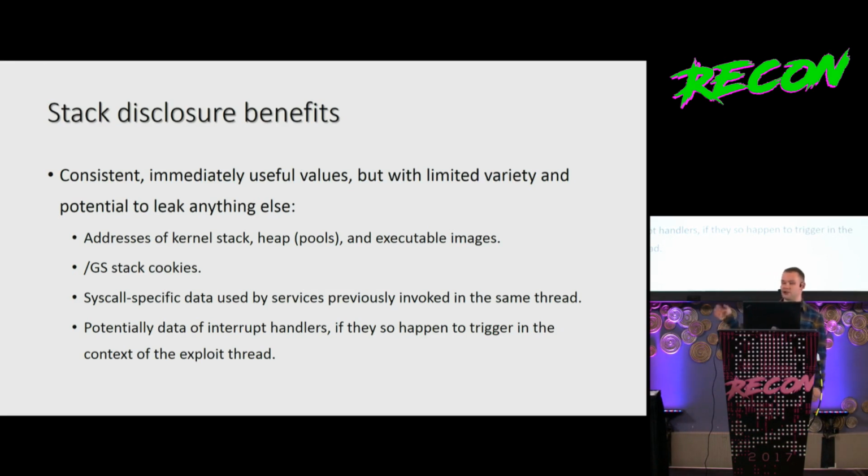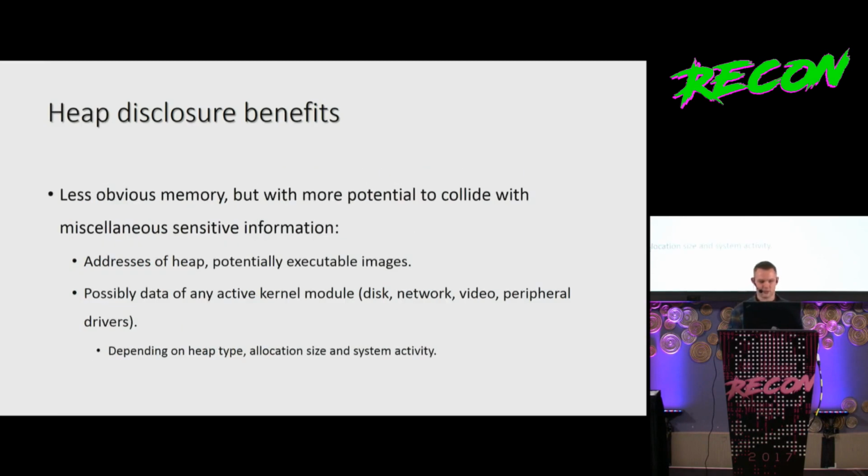We get return addresses, which means pointers to executable images. We get stack cookies. Also, any other syscall-specific data that was used by the syscall executed before the one that leaks data. And interestingly, we can potentially get data of interrupt handlers if the interrupt handler was executed on the same stack that we are leaking just before we exploited the vulnerability.